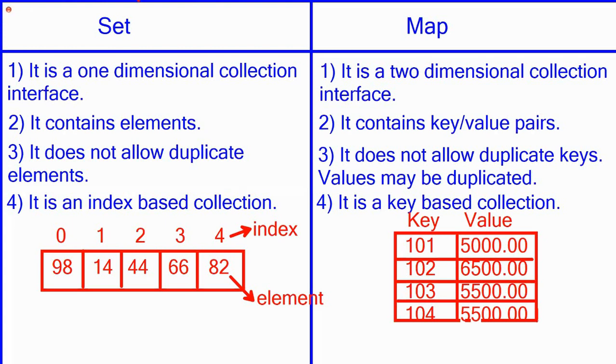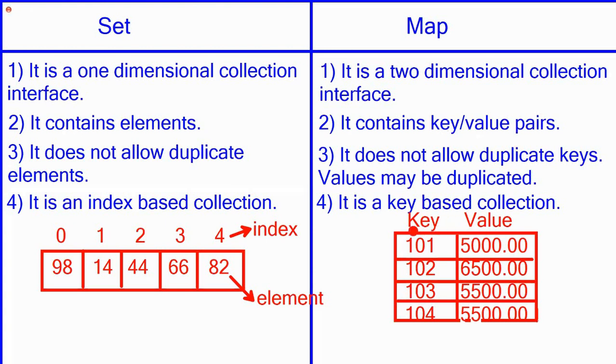See, set: you observe, it is a one-dimensional collection interface. Map is a two-dimensional collection interface, one more dimension. Set contains elements. Map contains key value pairs.